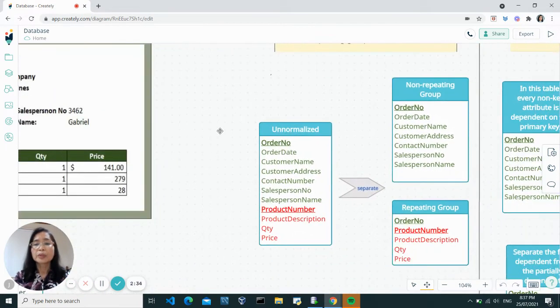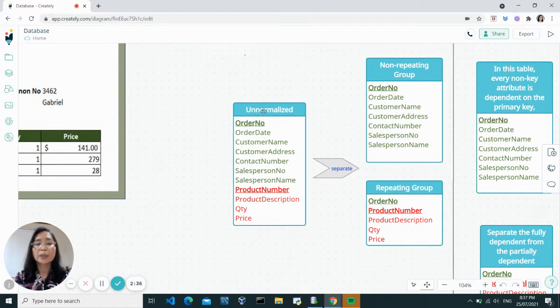So we have this unnormalized table, and the ones in green are the non-repeating groups, and the ones in red are the repeating groups. But take note that there is the order number here. I place order number to establish the link or the relationship between the repeating and the non-repeating groups, because obviously this table cannot exist without this table.